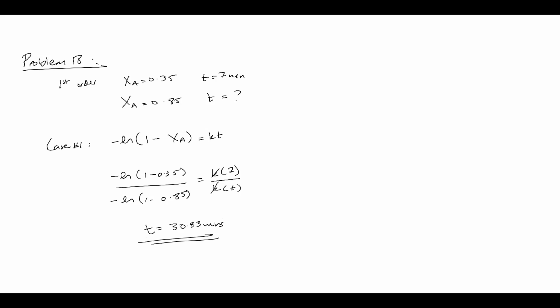Okay, very simple. Now for second order kinetics. So again, second order, it's case number 2, right? And the logic is the same, just a different equation: 1 over CA naught into XA divided by 1 minus XA is equal to KT.